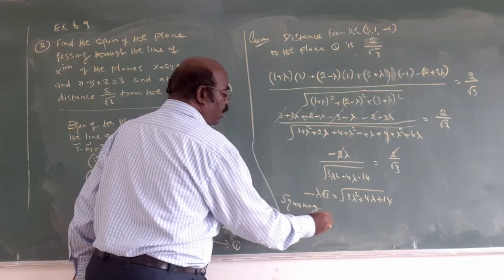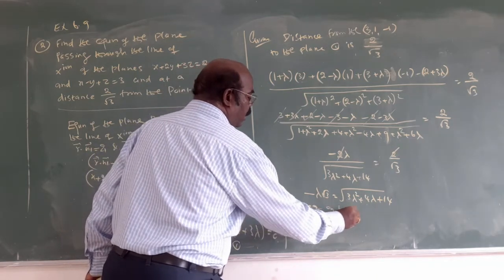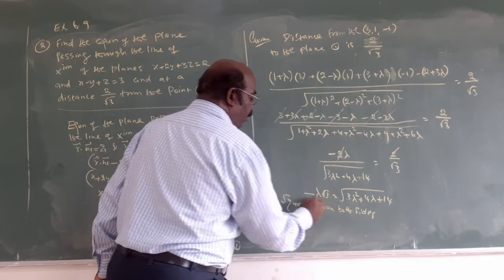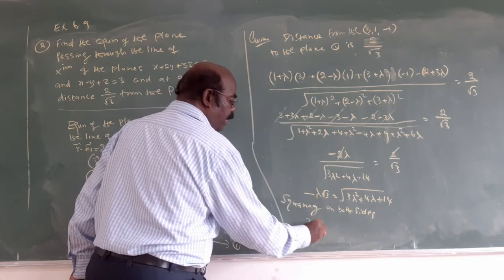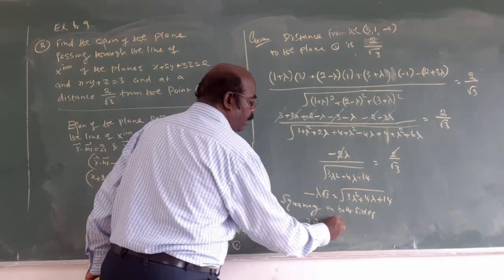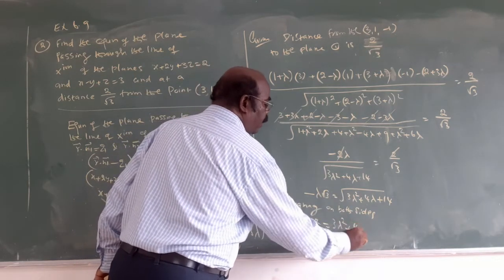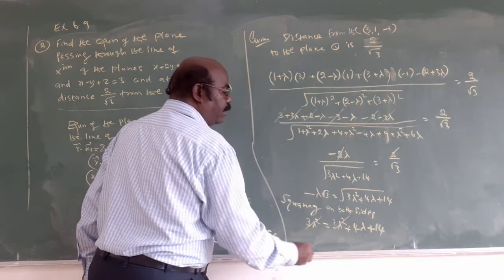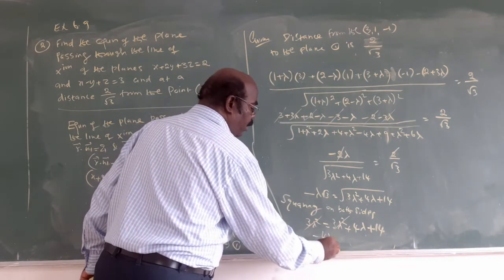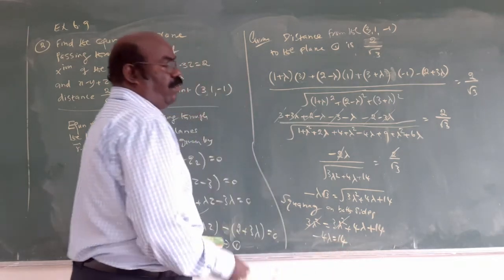Squaring on both sides. Automatically minus into plus, root 3 becomes 3, lambda becomes lambda square. Root cancels: 3 lambda square plus 4 lambda plus 14. This will cancel. Am I right? Minus 4 lambda equal to 14. We want lambda.